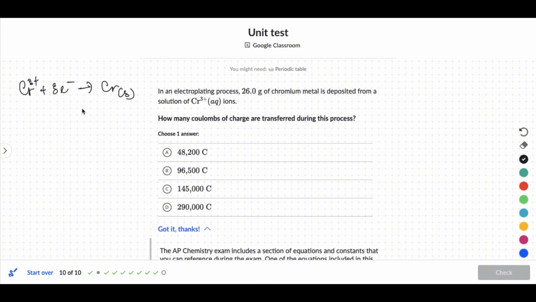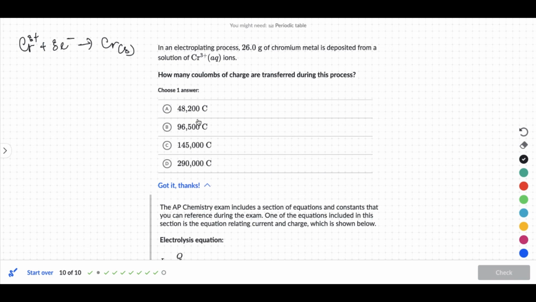So here we can find the moles of chromium. 26 over the atomic mass of chromium. Just let me take a look at my periodic table real quick. That would be about 52.